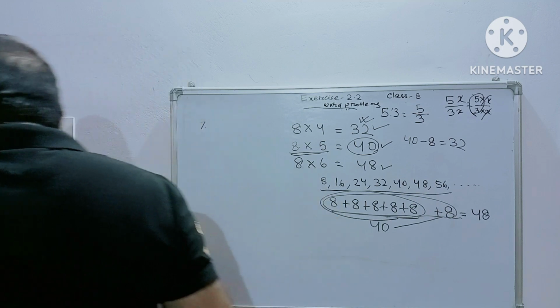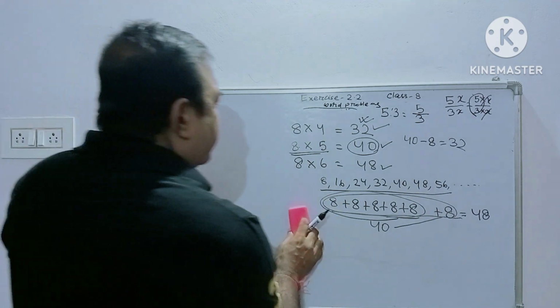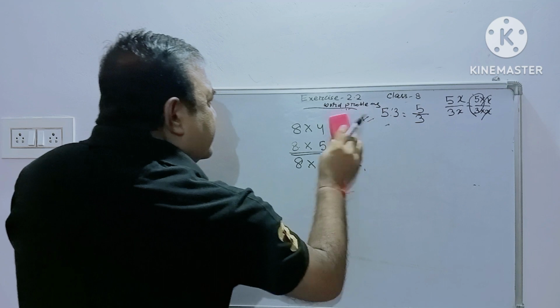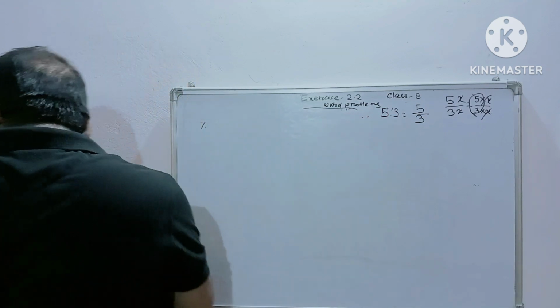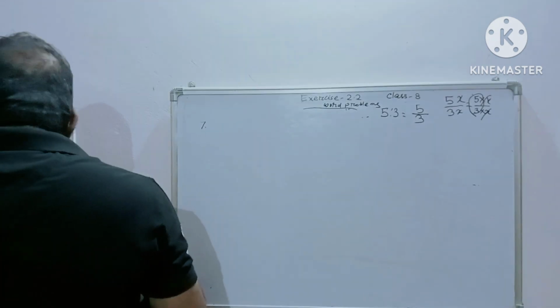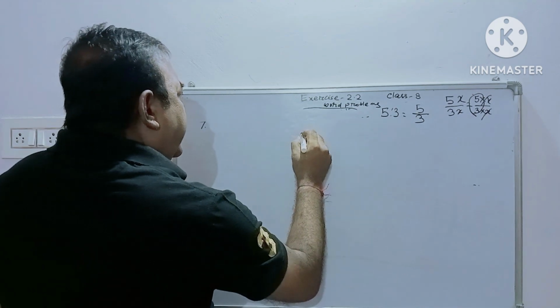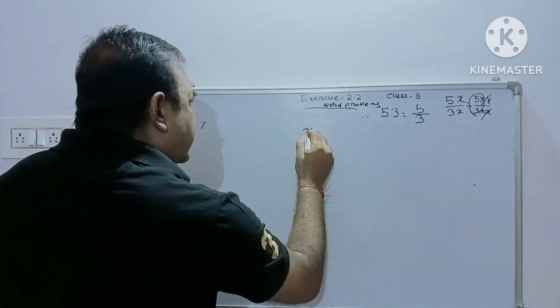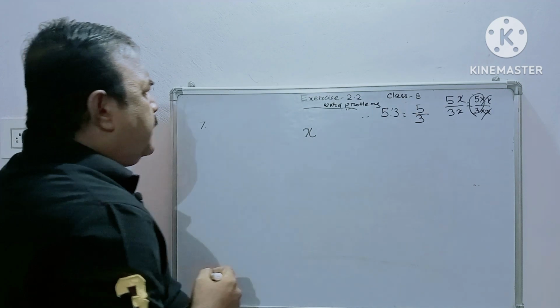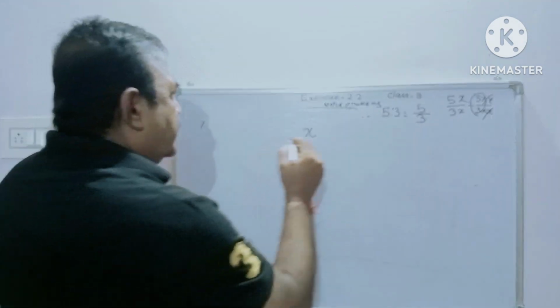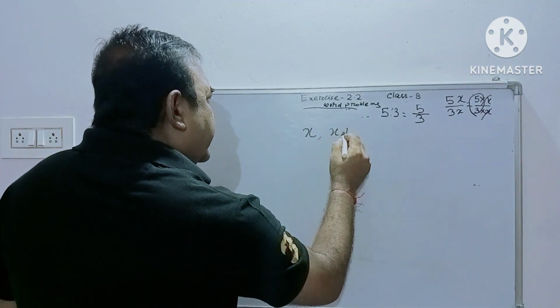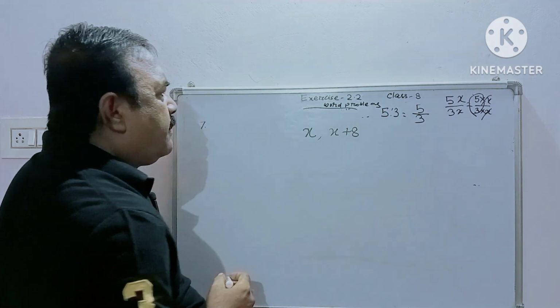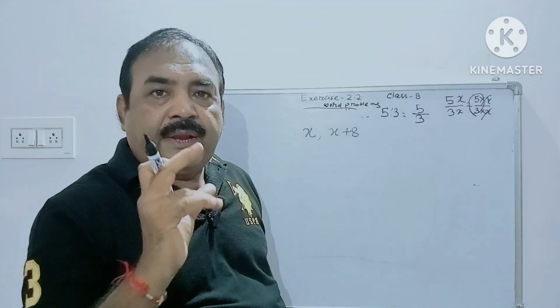So we may start like this. You see. So if one number be x, that is the multiple of 8, the next number will be x plus 8, because I am discussing about the multiple of 8.